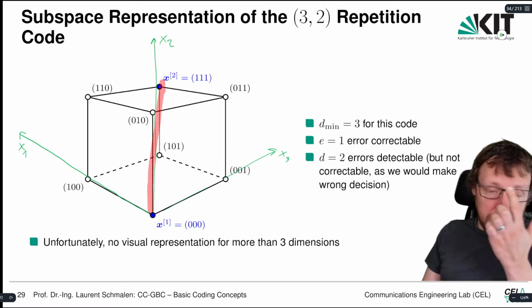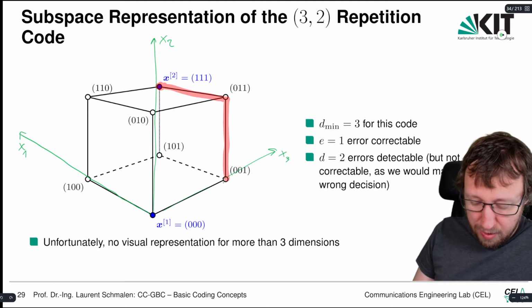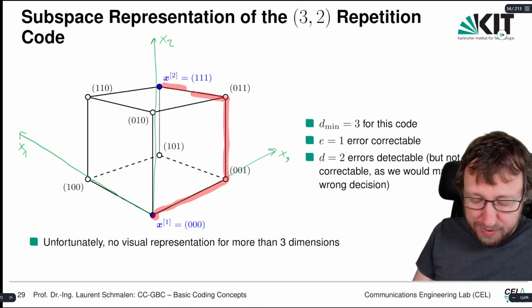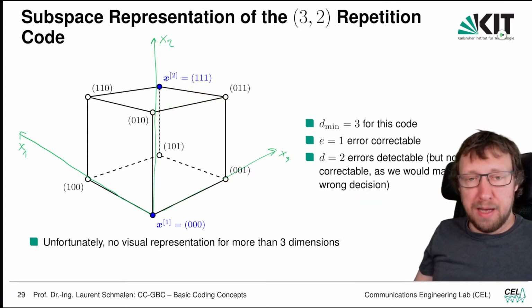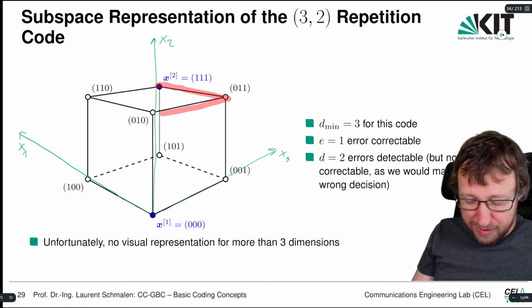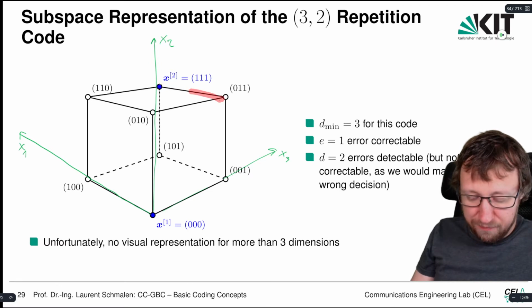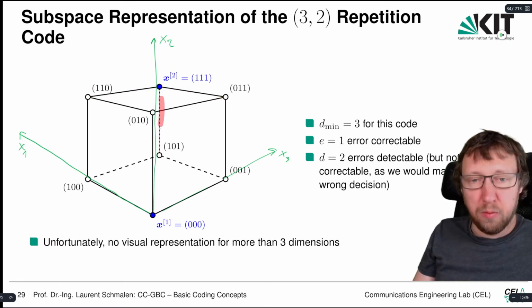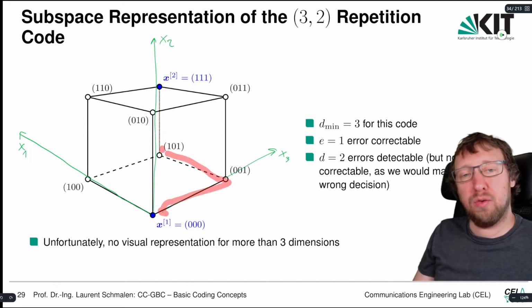So we have this cube, and we see that the two code words are on opposite corners of it. Whenever we want to move from one code word to the other, we need to pass 3 vertices of this cube, so there is no direct connection. Because we need to pass 3 vertices, whenever we make one error, going along one vertex, we are still 2 more vertices apart from the next code word.